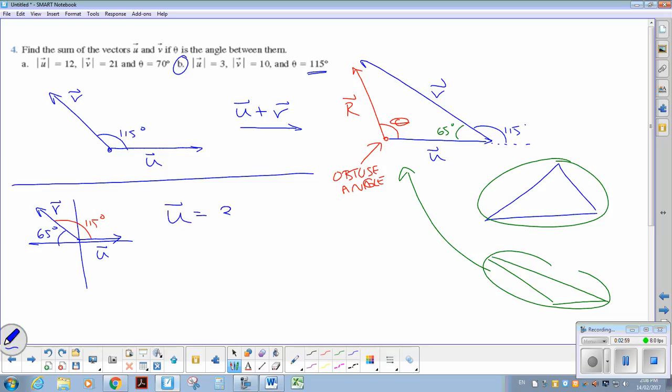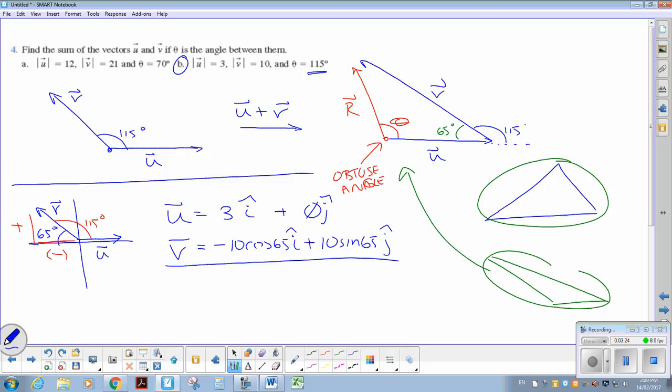So the magnitude's 3i. There's no angle to worry about, plus 0j. My v vector, it is negative x-axis, positive y-axis. So I would end up with negative 10 cos 65i plus 10 sine 65j.